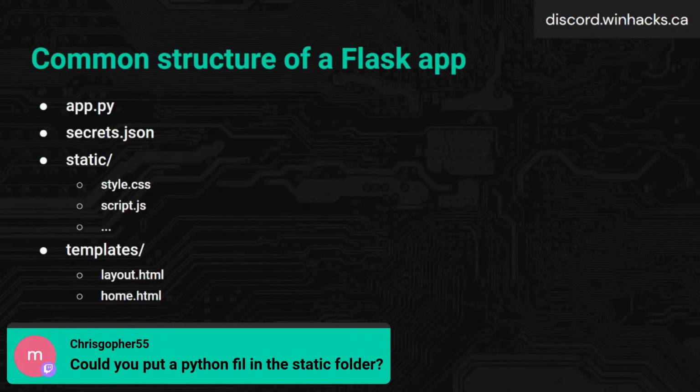The only reason you would put a Python file in the static folder is if you wanted people to be able to view the contents of that file or download the file. You wouldn't be using the static folder to contain Python files that you're going to run.